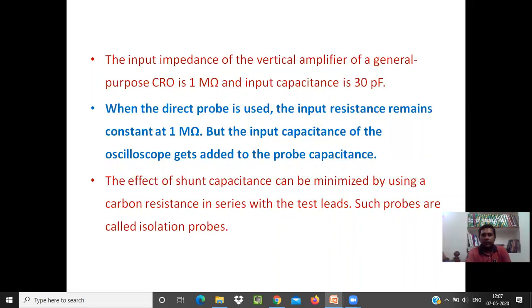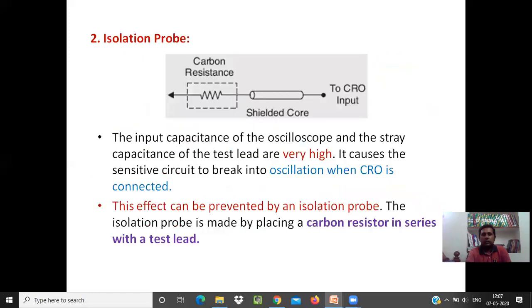To compensate this capacitance, we add one resistor in series with the input side, and that is called the isolation probe, the second type of probe. The main reason to go for the isolation probe is to reduce or compensate the increased capacitance while using the direct probe, that is 1:1.